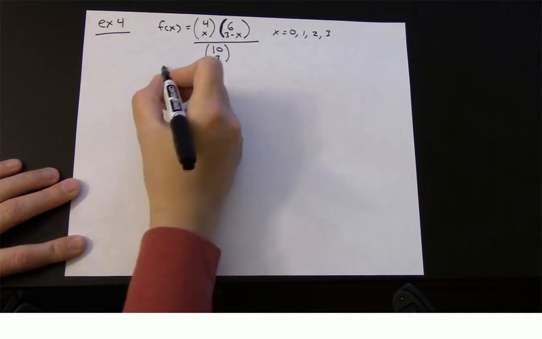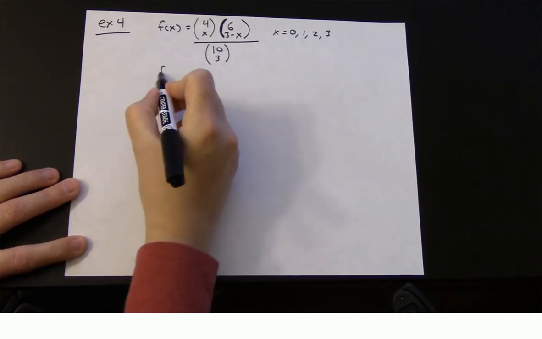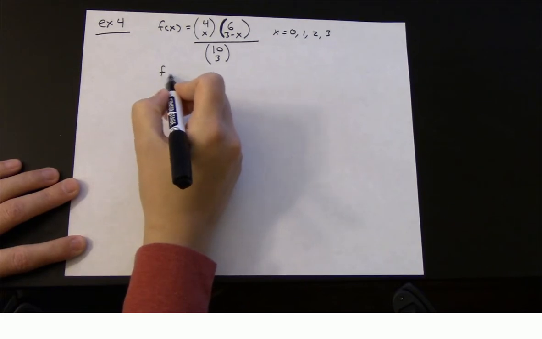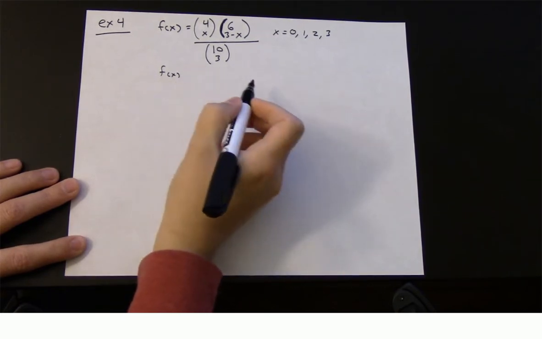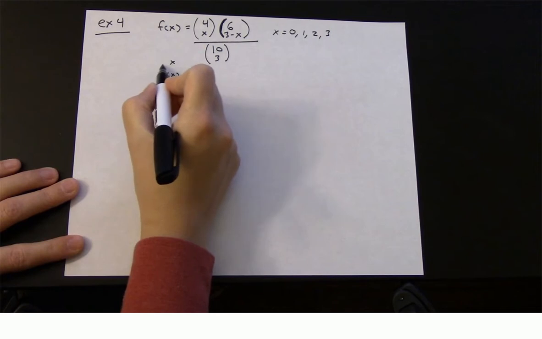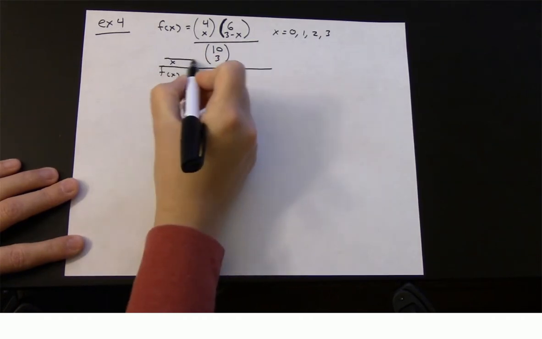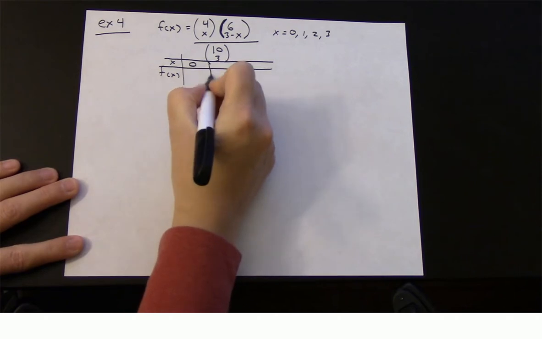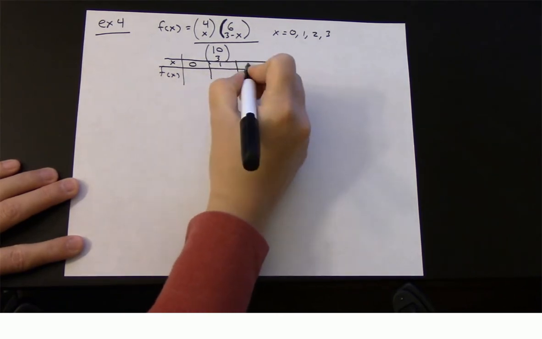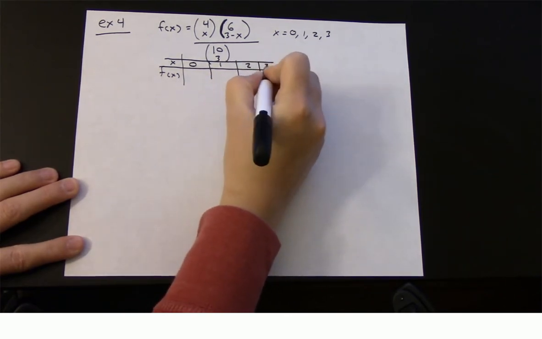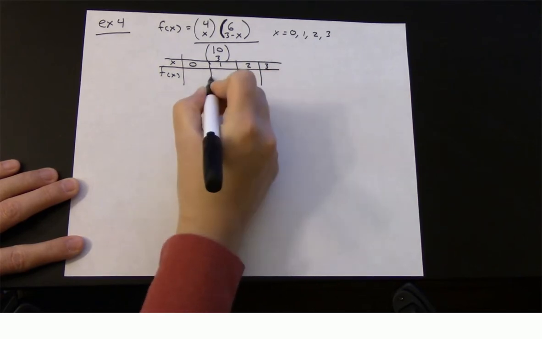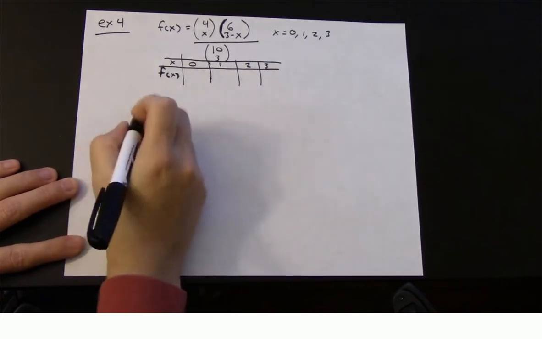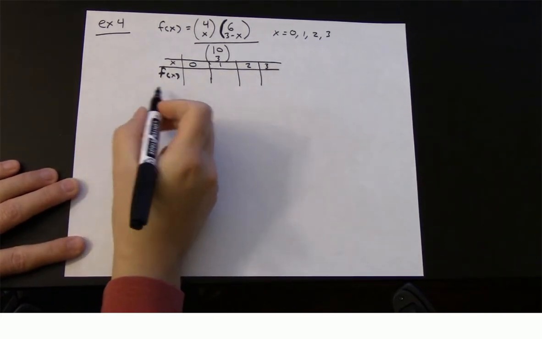All right, first thing I want to do is describe this distribution function with a table. So all the different values of x, we have 0, 1, 2, and 3. I'm just going to figure out what is f of x for each of those possible values of x.